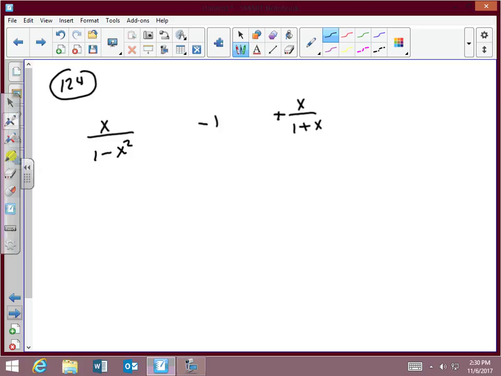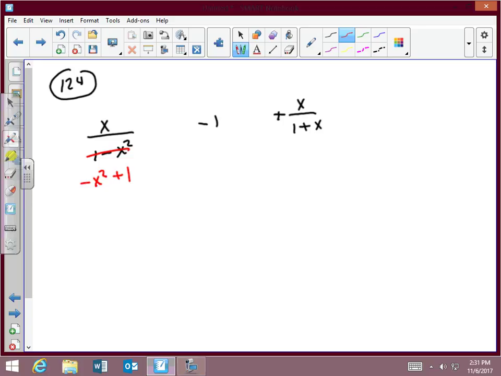Write your polynomial in what order? Descending order, leading term positive. Now, is the first denominator written in descending order, leading term positive? No. If you wrote it in descending order, it would be minus x squared plus 1. But now you don't have the leading term positive, because it makes it hard to factor.